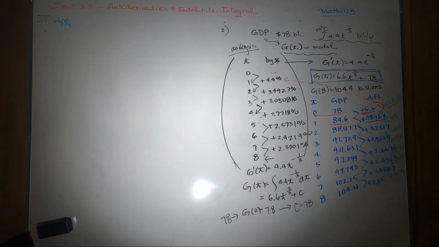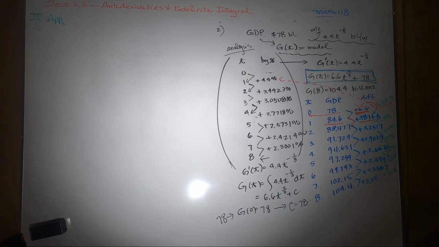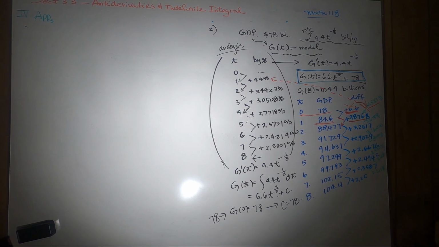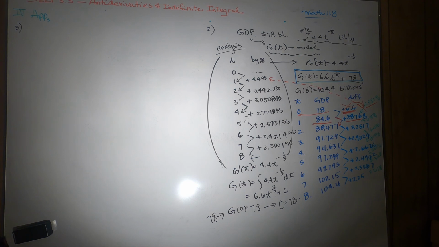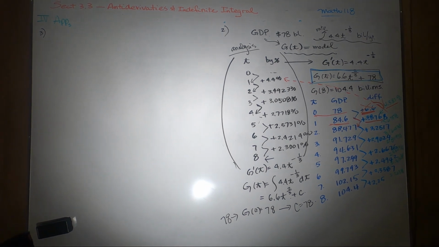Okay? So let's look at the next one, page 67. Here it says, finding total flu cases from the rate of change.